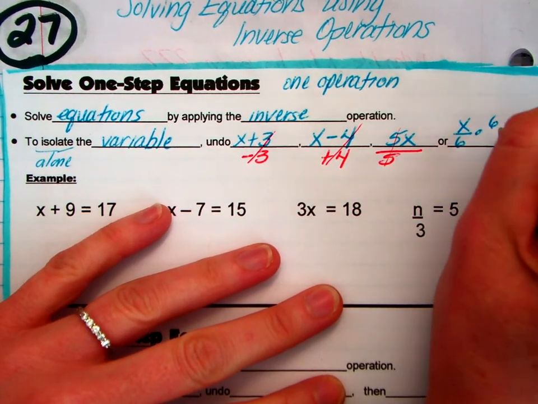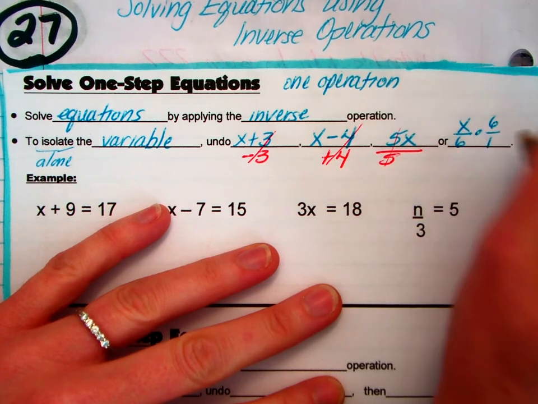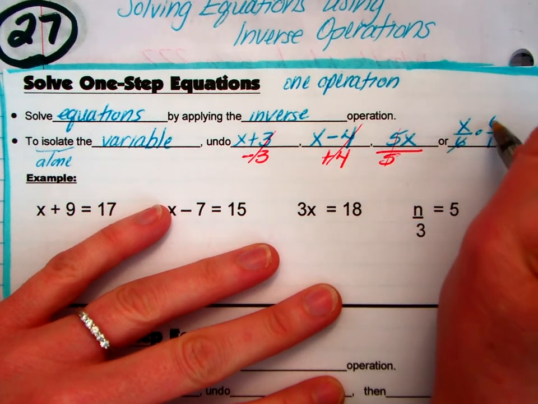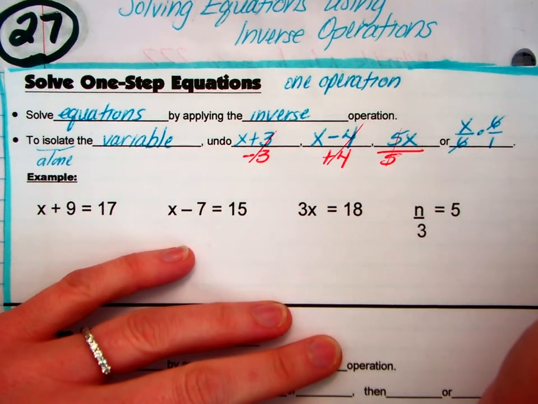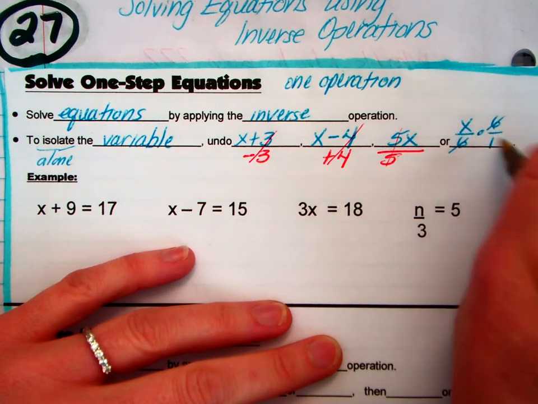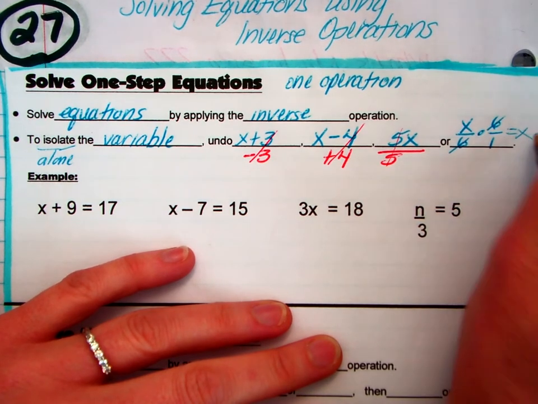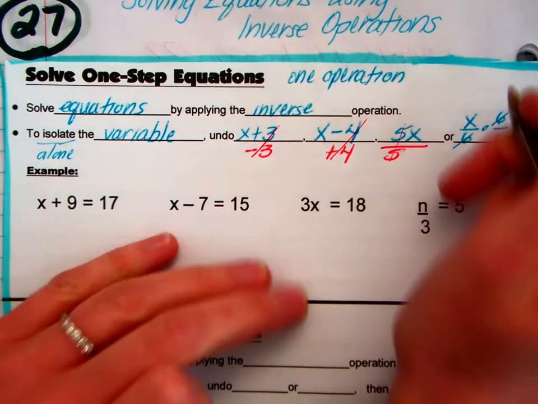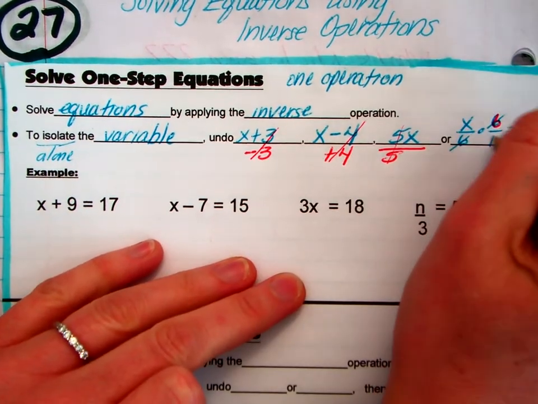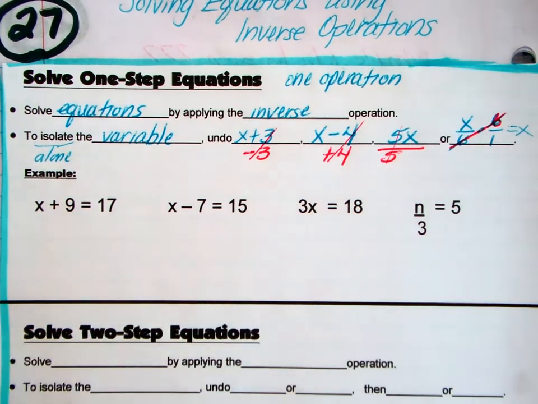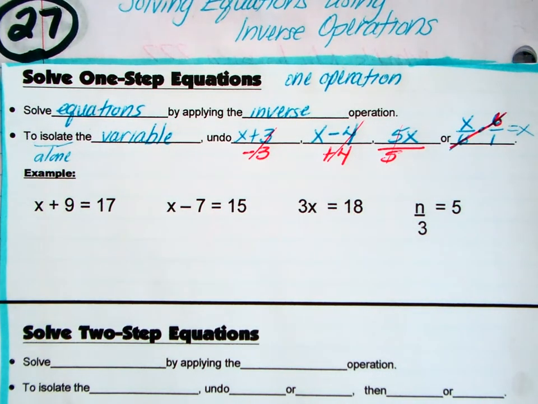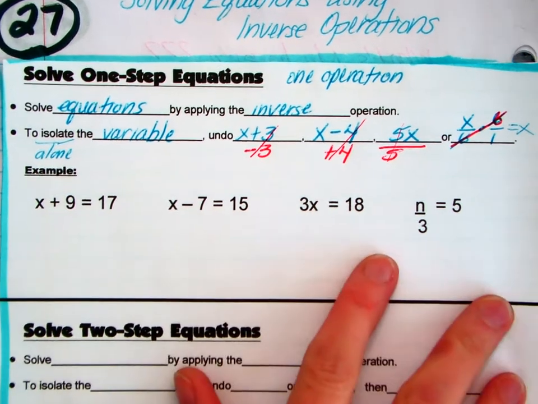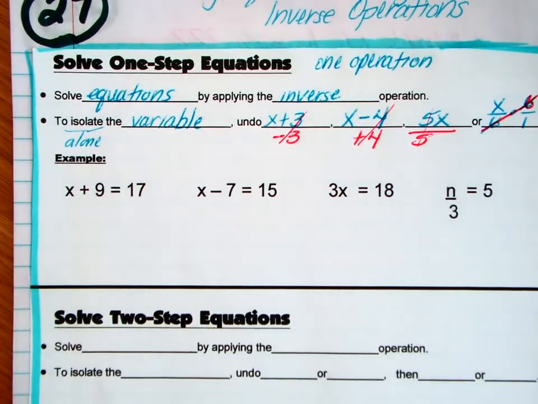You might remember that there's an invisible 1 there. Well, you can cross-cancel here, or you could work it out the long way. But either way, what you get in the end is just x. Just x. So this 6 cancels out.